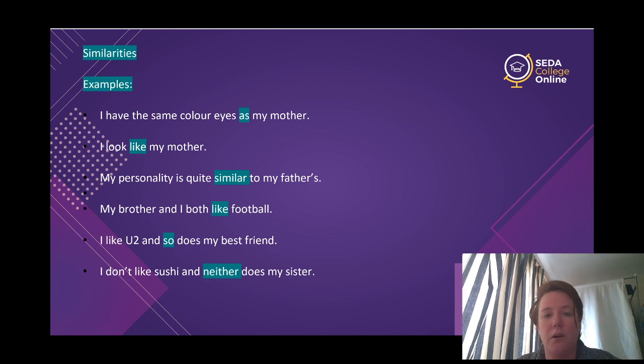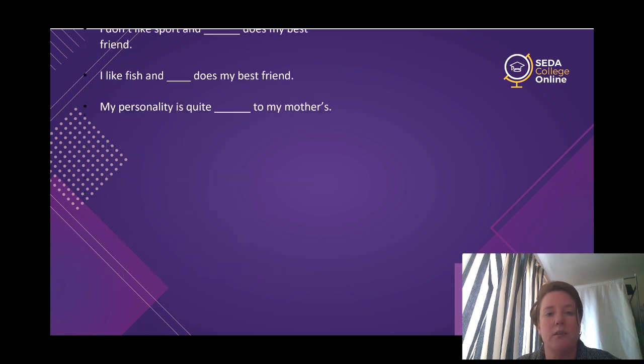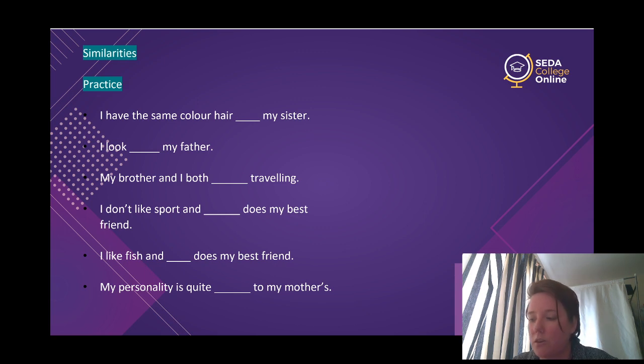Okay, so what I want you to do now is I want you to fill in the correct similarity. Which word would I use in these? Okay, so from your memory, it's like a memory test for you. Okay, so I'm going to give you 2 minutes to do this. Okay, and see how you get on.